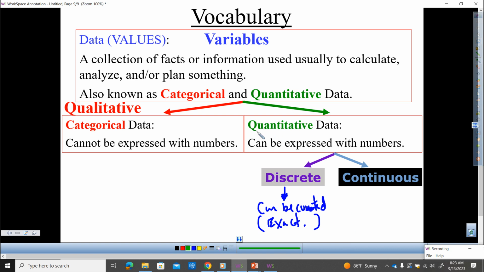All right, so once again, today we're focusing on quantitative data, and the variables for those are discrete or continuous. And what's continuous, Mr. Q? Well, if discrete can be counted, what would be continuous? Cannot be counted. Or in other words, not exact.